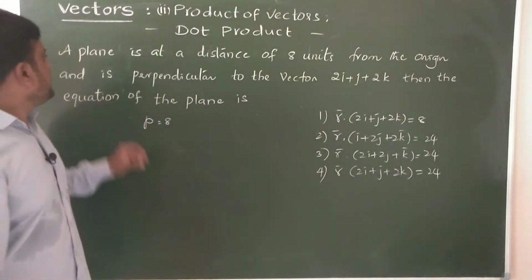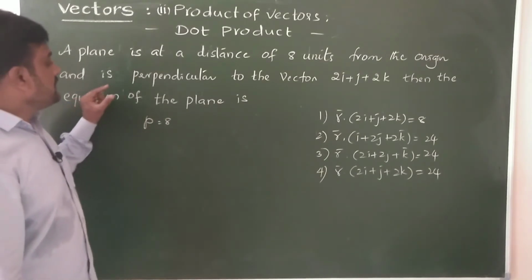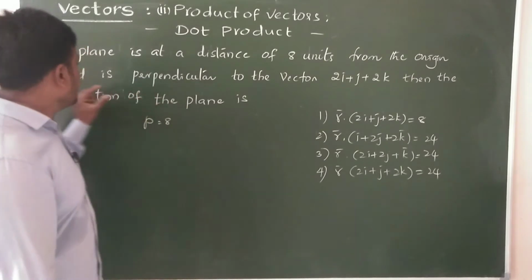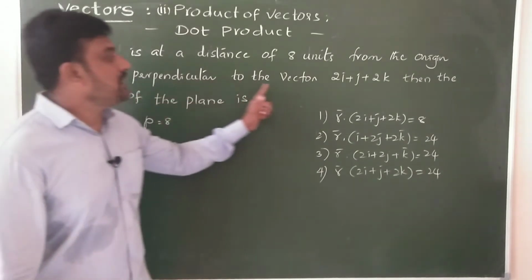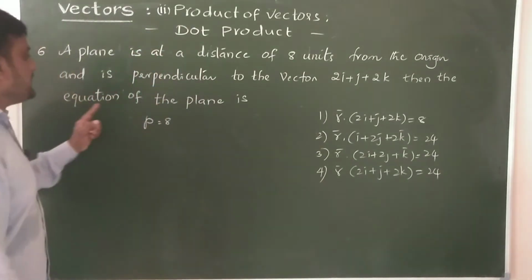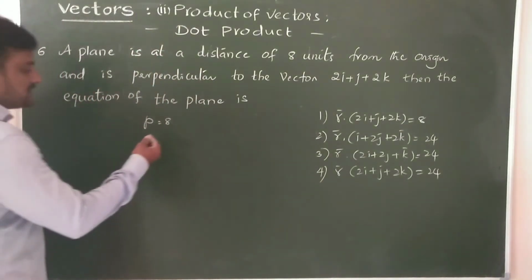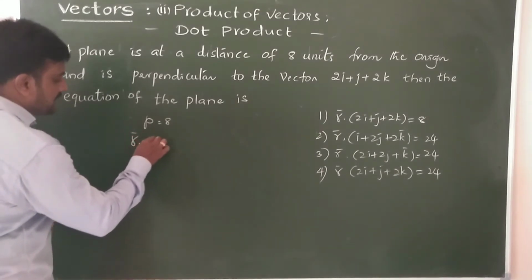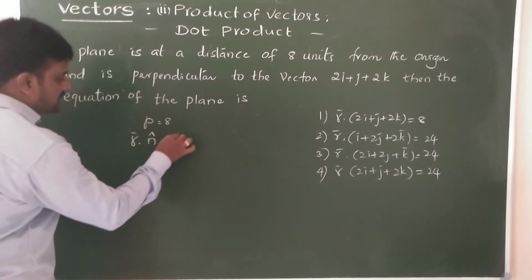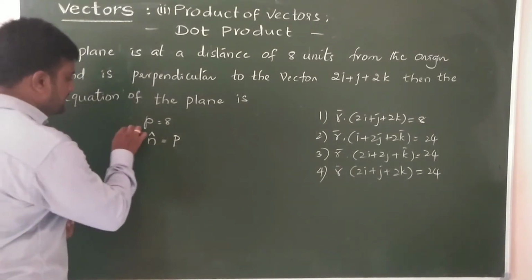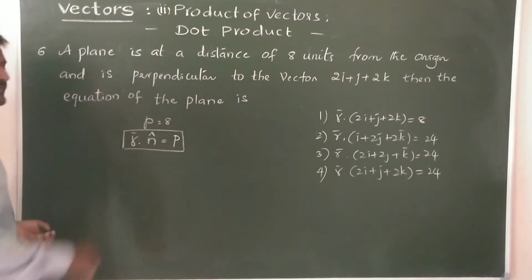If any plane is at p units distance from the origin and is perpendicular to a vector n, then the equation of the plane, actually the formula, is r dot n cap equals p. Now this is the equation of plane.